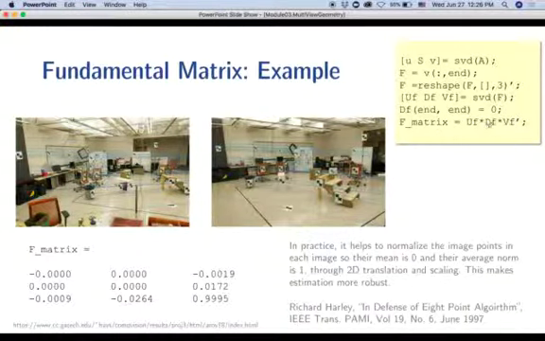Now this DF has the rank 2 constraint imposed on it. So it's pretty simple code, a few lines, and you have an estimate of the fundamental matrix.